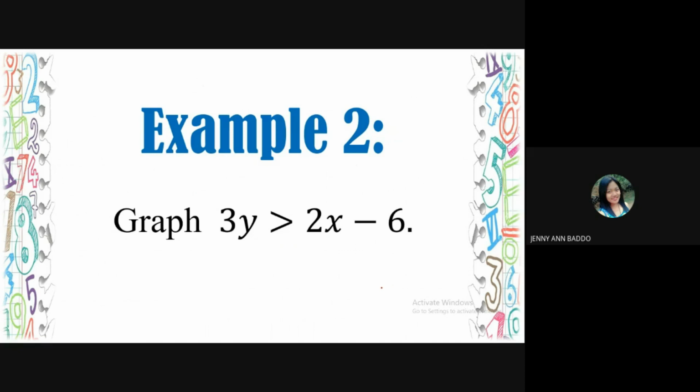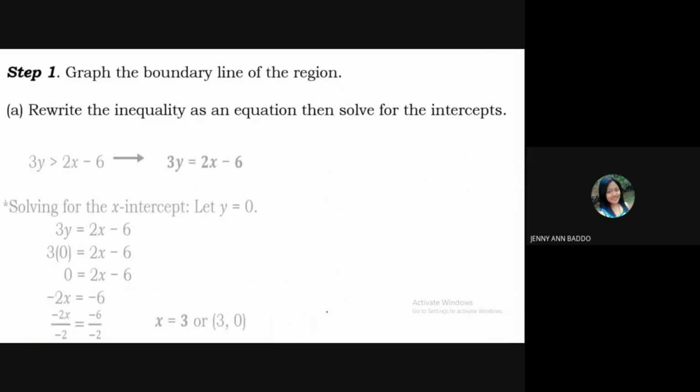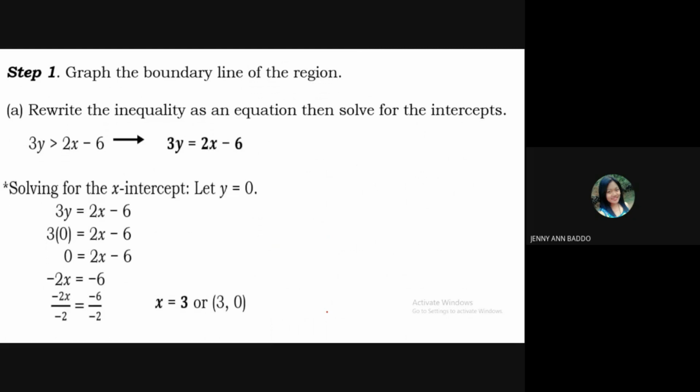Graph 3y is greater than 2x minus 6. So again, we have to change the given inequality to an equation. We have 3y equals 2x minus 6. Solving for the x-intercept, we let y equal 0. So 3 times 0 equals 2x minus 6, and 3 times 0 is 0.